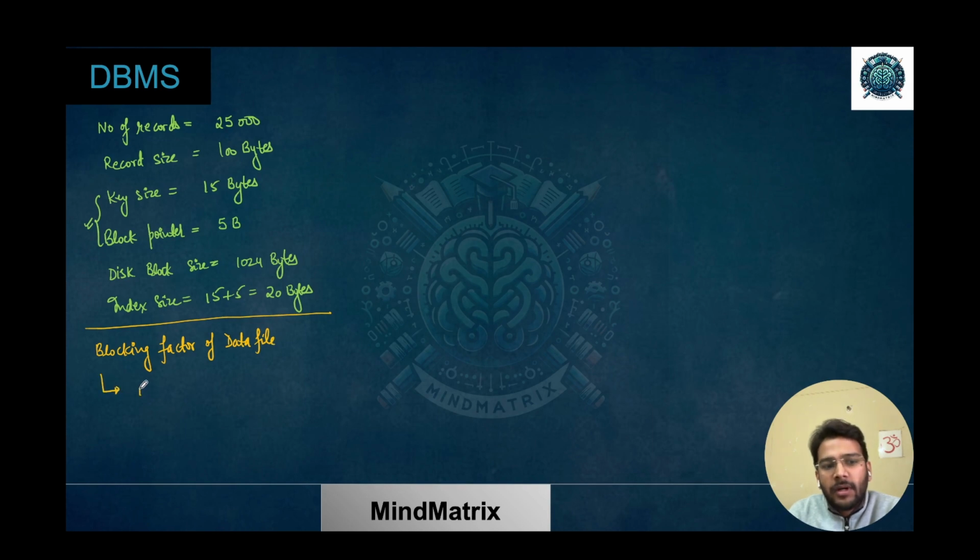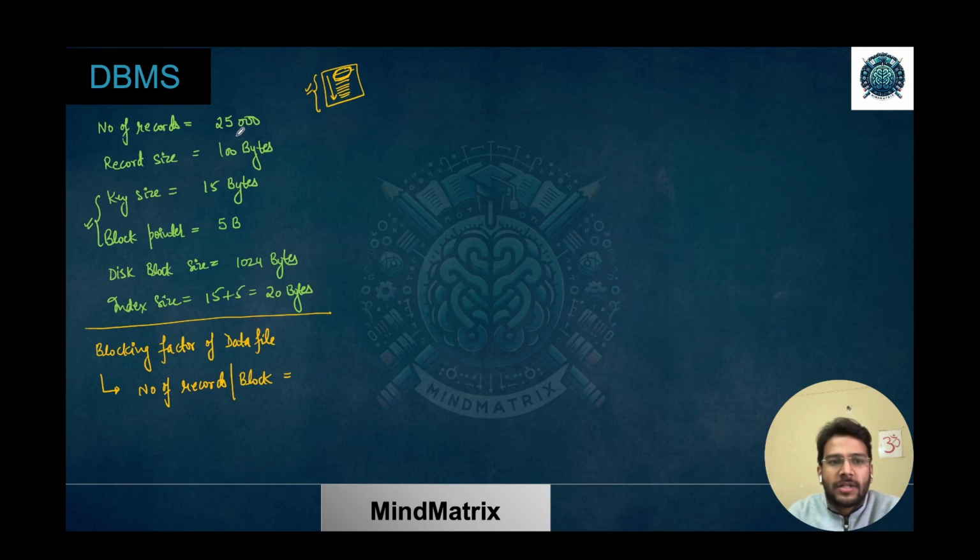Blocking factor is nothing but the number of records per block. Let's say you have one single block here. You have n records present in this block. You know the block size and you know the size of one record. So if you divide the entire block size by the record size, you will get the total number of records present here. That is your blocking factor of the data file.